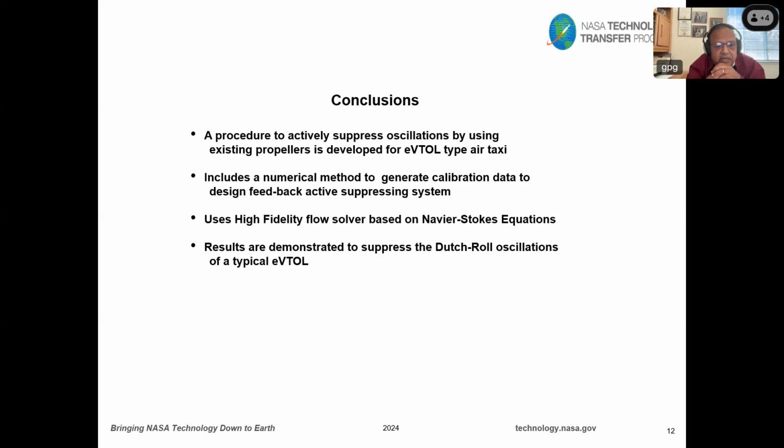This development includes a numerical procedure to generate the calibration data to design the feedback active suppression system, as I demonstrated. As I mentioned, it uses a high fidelity flow solver, coupled with stability equations. And the results are demonstrated.